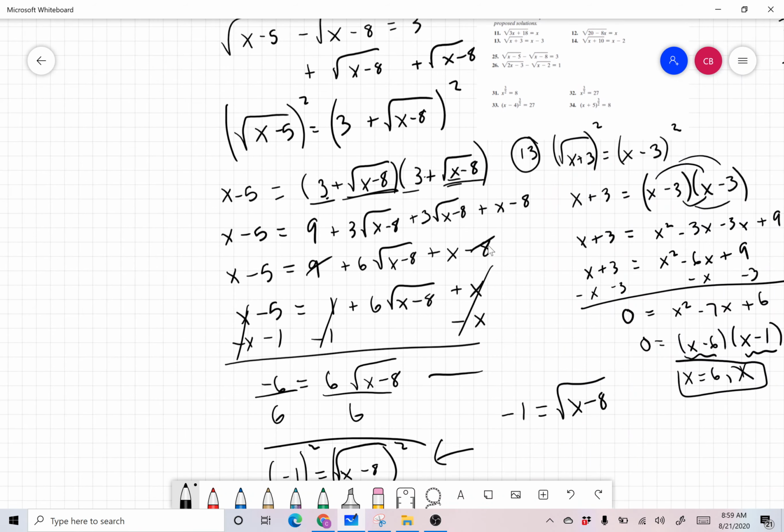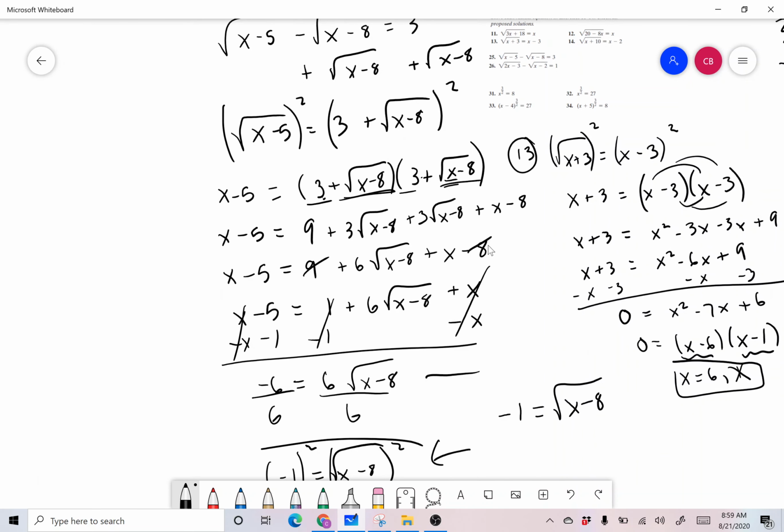So let's plug 9 in and see if it works. So if we plug 9, we have the square root of 9 minus 5 minus the square root of 9 minus 8 is equal to 3. Square root of 9 minus 5 is the square root of 4. Oops, did I write 1? That should be 8.